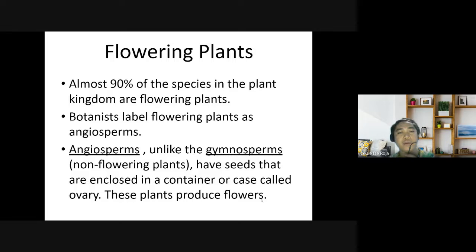These plants produce flowers. So yung angiosperms po, ito po yung flowering plants. Ito po yung gumagamit ng sexual reproduction. Ang gymnosperms po, these are non-flowering plants. Hindi nila kailangan ng seed para mag-reproduce.